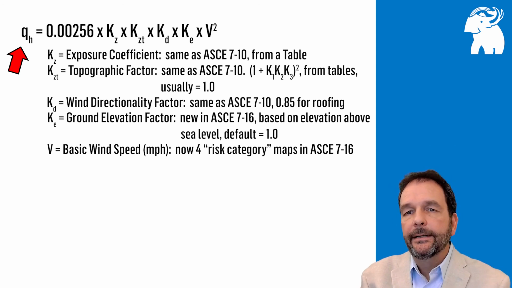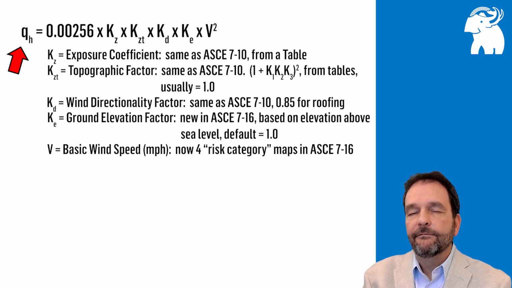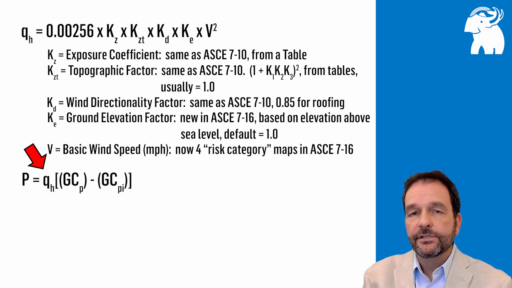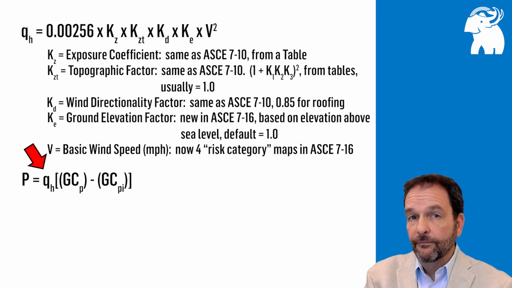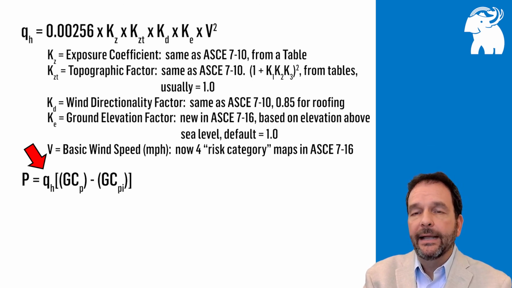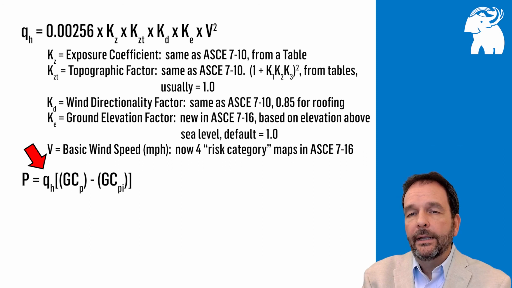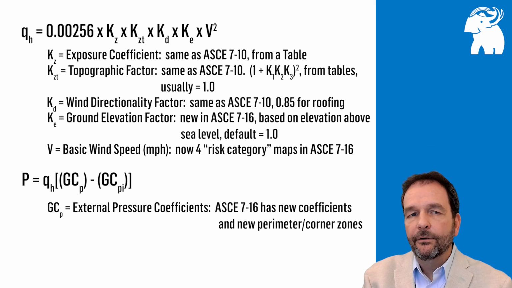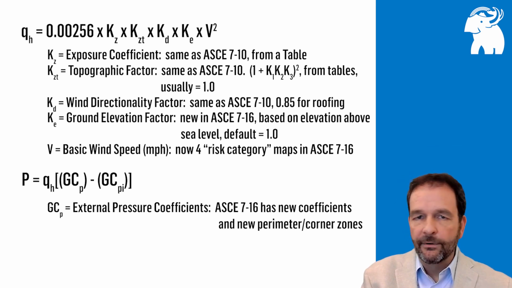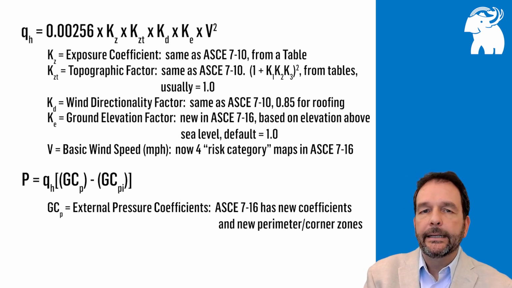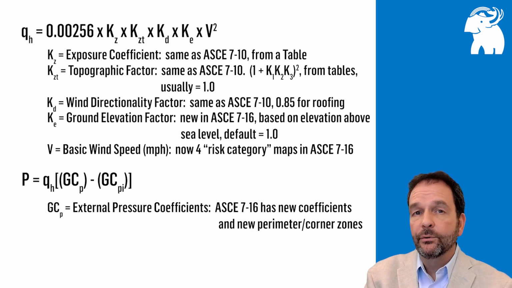And now we plug that variable into our equation for the design pressure, and that's what we're really looking for here today. We're looking for the pressure acting on our building roof. And our variables there are the external pressure coefficients, the coefficients that are relevant to the actual building roof, the field area and your perimeter areas, your corner areas. And again, in ASCE 7-16, we have 4 zones, the 1 prime, the 1, the 2, and 3 zone.